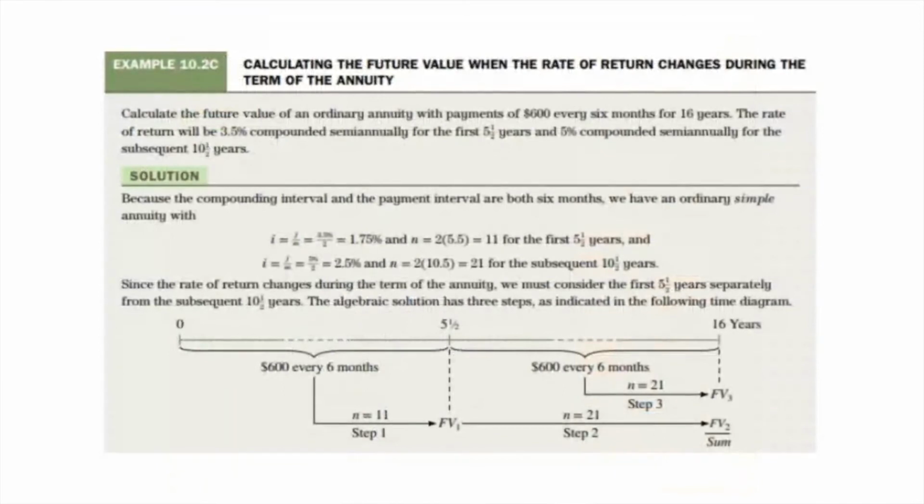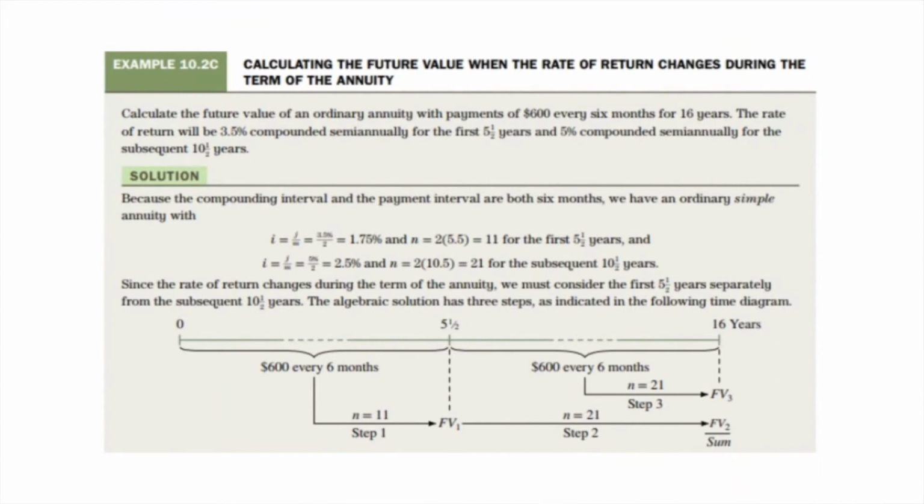We also have a scenario where the rate may change during the period. So calculate the future value of an ordinary annuity with payments of $600 every 6 months for 16 years. The rate of return will be 3.5% compounded semi-annually for the first 5.5 years, and 5% compounded semi-annually for the subsequent 10.5 years. So again, the very first thing we need to do is check to see if this is an ordinary simple annuity.